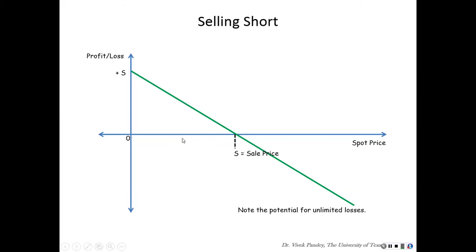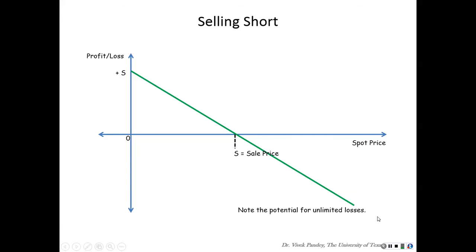Because you get to buy at a lower price and return your loan, which is in the form of shares. Of course, the problem is when the stock price starts to rise, and it can rise without any limit, right? There's no limit to how high a stock's price can go, which means you have the potential for unlimited losses.